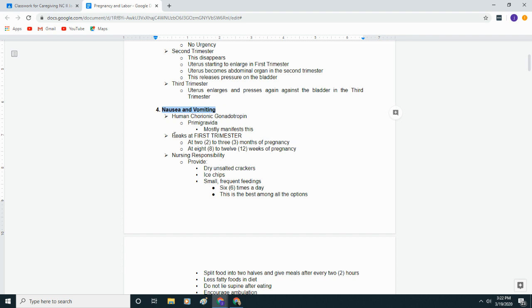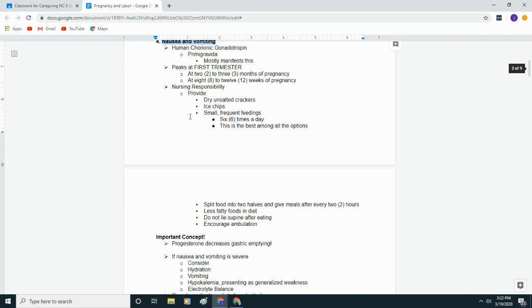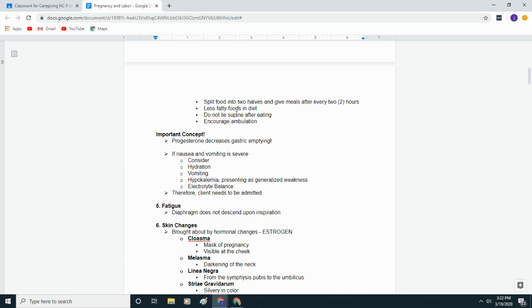So what do we need to do as caregivers? You should always provide unsalted crackers. Next, small frequent feedings, so that mother will not vomit easily. Split food into two halves. Give meals every 2 hours. Less fatty foods in the diet, and do not lie supine after eating.